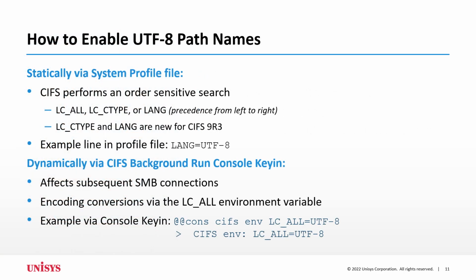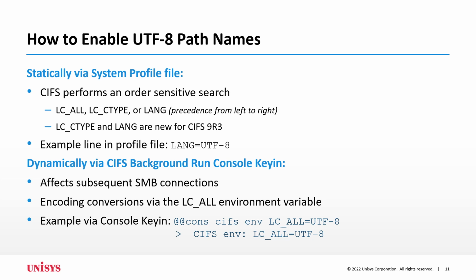How do you enable UTF-8 path names? Enable UTF-8 path name support by either updating the passive system profile file or by using the CIFS background run console keying to set LC all to UTF-8. You can use new passive profile variables LCC type and lang to statically set the system profile file.